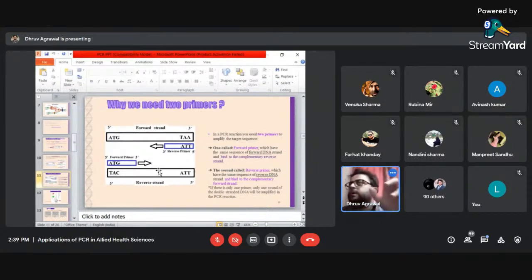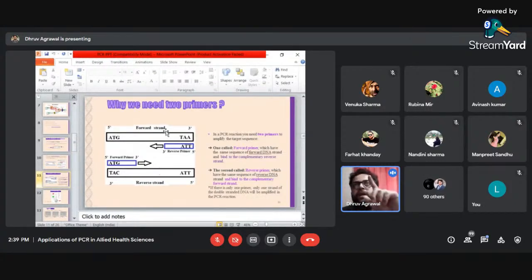I will tell you. In the DNA replication process, I told you that one RNA primer provides the free 3' OH end from where the DNA polymerase will bind and start the synthesis of your DNA strand. So you can say that the free 3' OH is the starting point of the DNA polymerase, and this primer is providing that starting point.